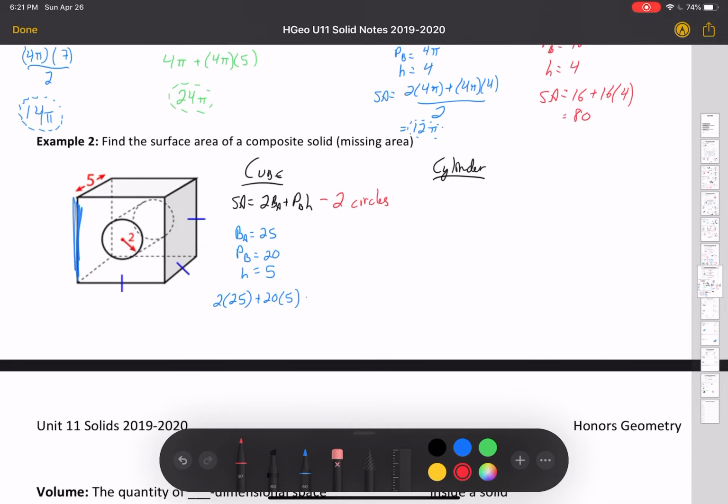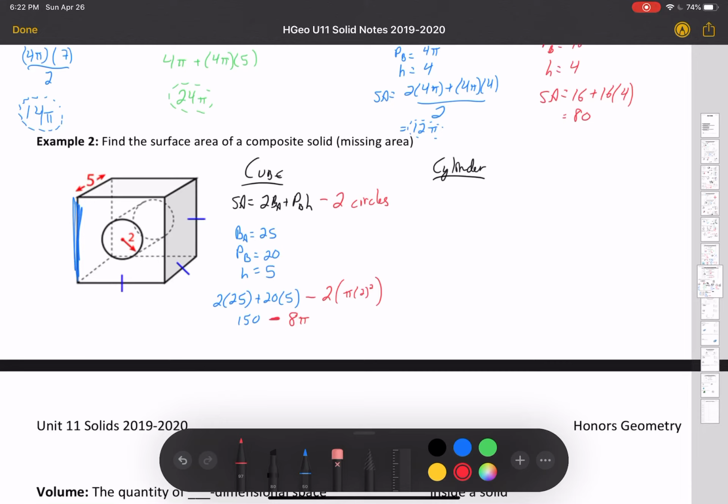But we need to subtract the 2 circles. So we need to subtract 2 times pi r squared. And the radius of those circles is 2. Okay, so after simplifying this, we are going to get 150 minus 8 pi. And that's going to represent the cube with the 2 circles removed.